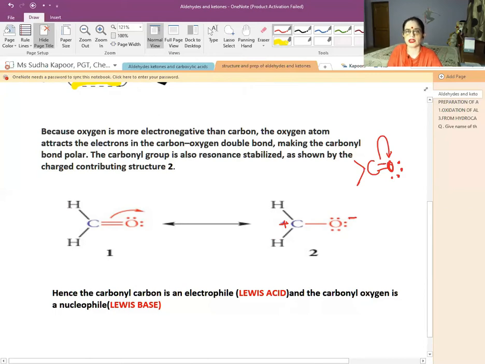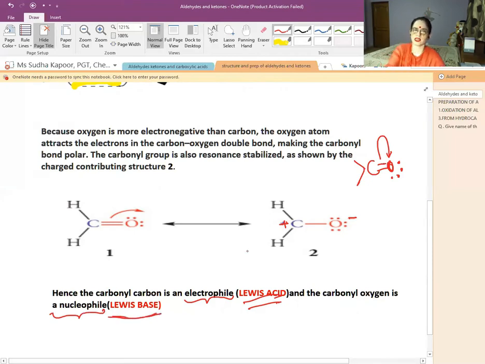Hence, the carbonyl carbon acts as the electrophile, that is the Lewis acid. And the carbonyl oxygen, which has a negative charge, acts as a nucleophile, which we term a Lewis base.